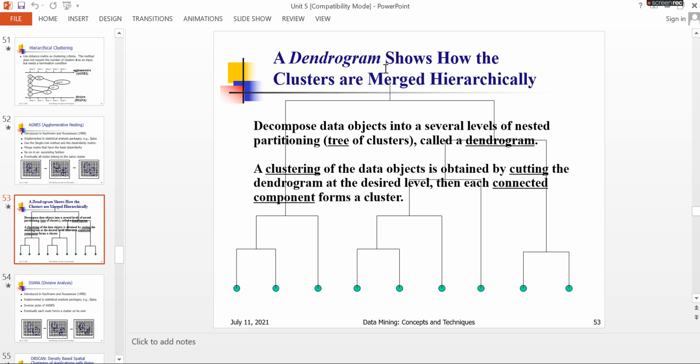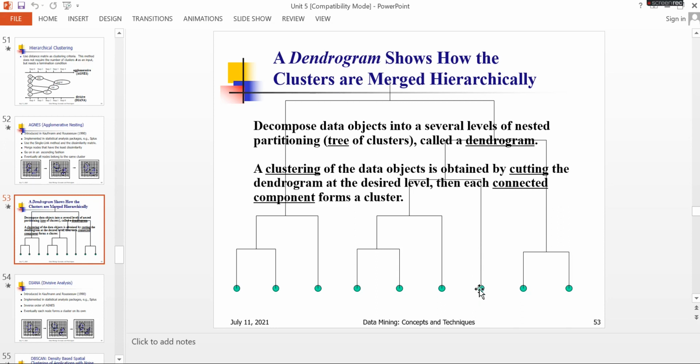From top down, the processing will be: A, B, C, D, E, F, G, H, I can be divided into two groups. Next, in turn, ABC is divided into C as one cluster, AB as one. Next, AB is also divided into two, A as one, B as one. Next, DEFGHI can be divided into HI as one and DEFG as one.